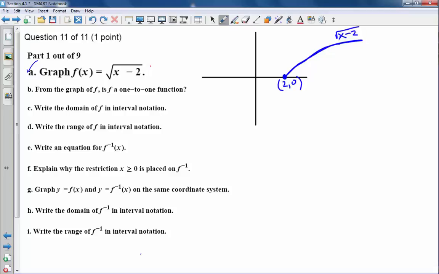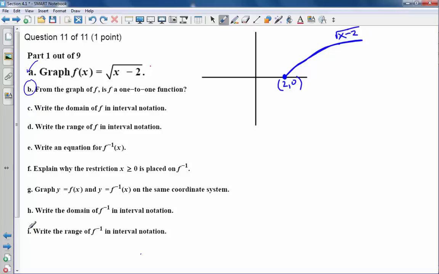Okay, second, is this function one-to-one? What do you think? How do you test it? The easiest testing method, if you have the graph, which you do, is the horizontal line test. Otherwise, you need to use the definition, f of a equals f of b, and get to a equals b. Too much work.